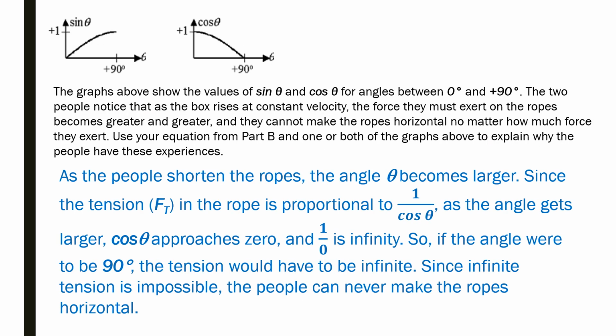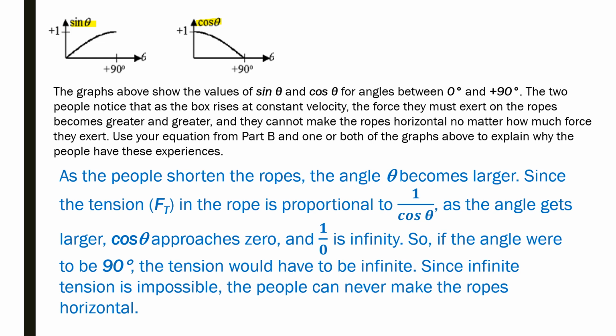It says over here, the graph shows the values of sine theta and cosine theta for angles between 0 degrees and positive 90 degrees, right here. As I mentioned, this is your cosine theta and sine theta graph.